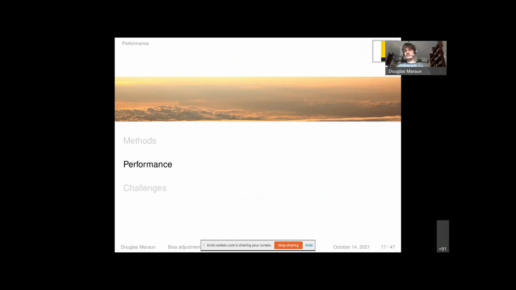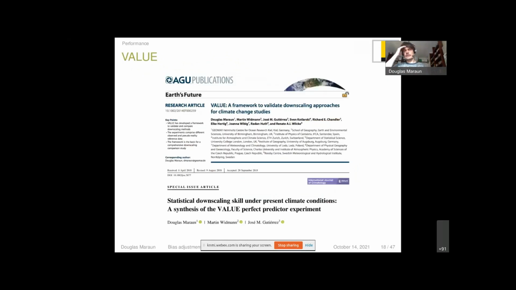Okay, now let's have a look at the performance of a bias adjustment method. And I will just very briefly rush over this. And you may find more detail in a couple of papers. So there was a European COST Action. So that's a big European research network where people meet and talk to each other and define frameworks or whatever.